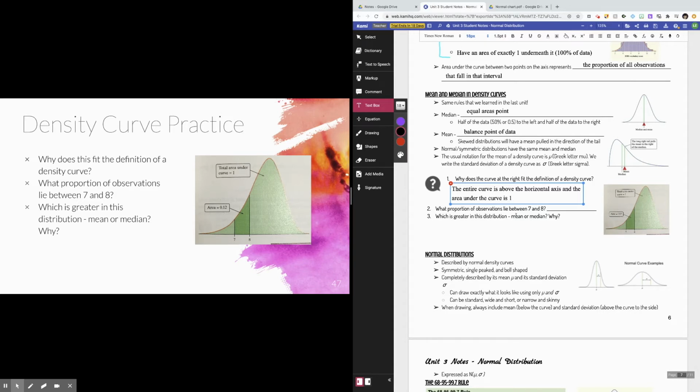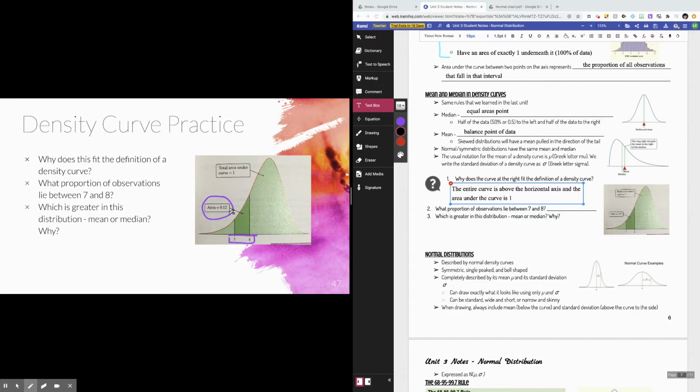Okay. Question 2 says, what proportion of observations lie between 7 and 8? Well, you can see that written directly on the document here, right? So 7 and 8 is this interval here. And you can notice, hopefully, that this area is shaded a darker green, and they tell us what the area is.